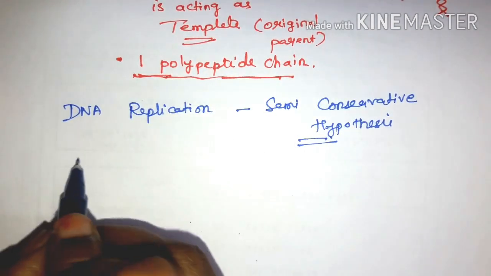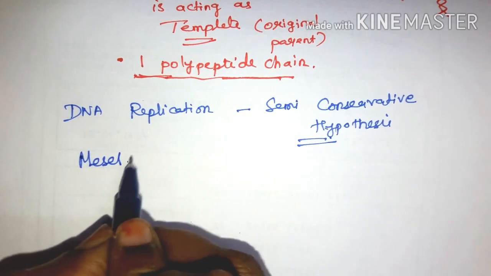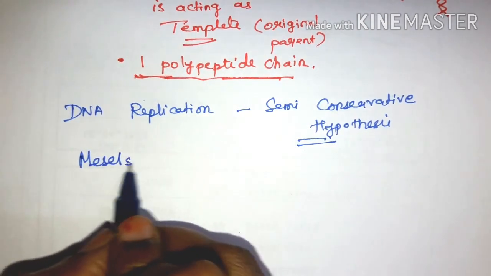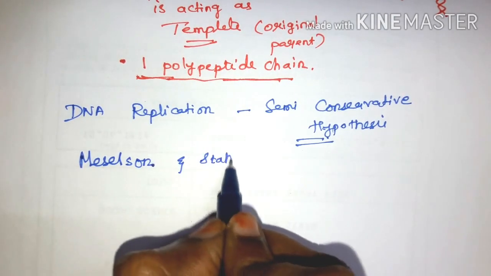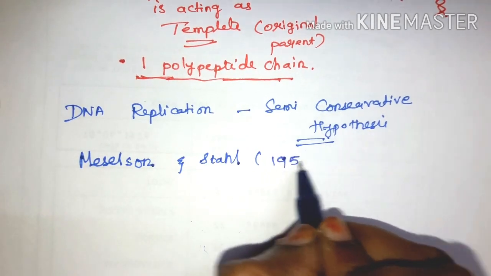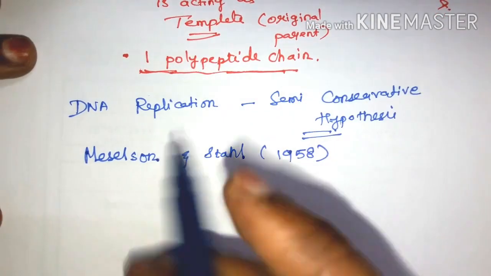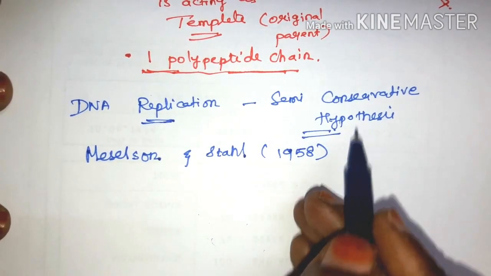So who was involved in this? The scientists' names are Meselson and Stahl. In 1958, they proved that DNA replication follows the semi-conservative hypothesis.